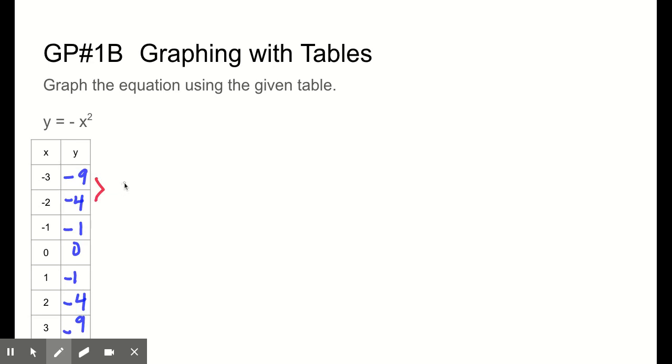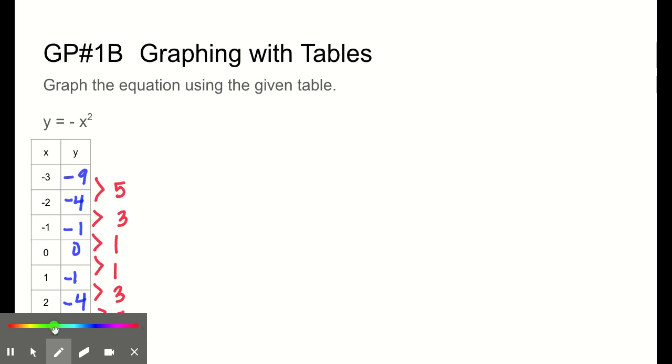So from 9 to 4 is the difference of 5. From 4 to 1 is the difference of 3. From 1 to 0 is the difference of 1. 0 to 1 is the difference of 1. 1 to 4 is the difference of 3. And 4 to 9 is the difference of 5.